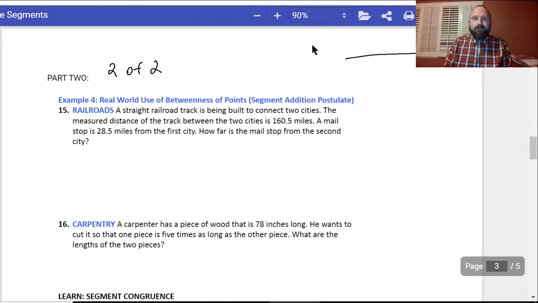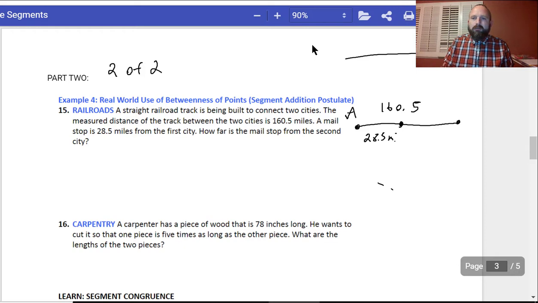Let's draw that. The measured distance between the two cities is 160.5. A mail stop is 28.5 miles from the first city. How far is the mail stop from the second city?